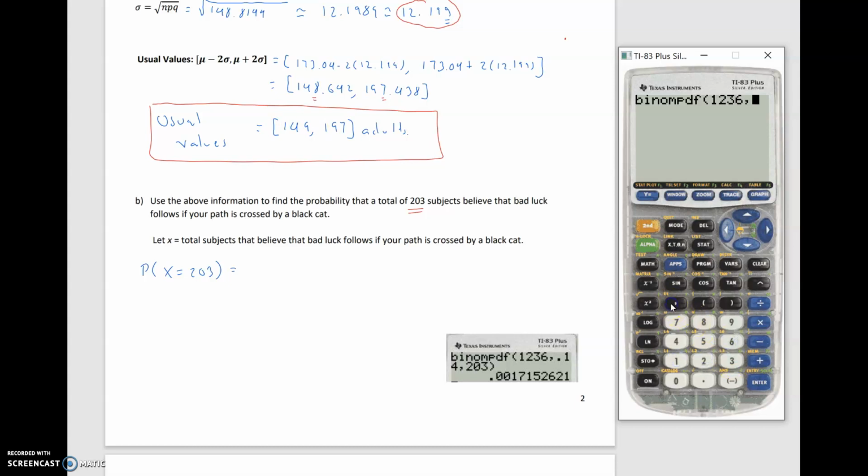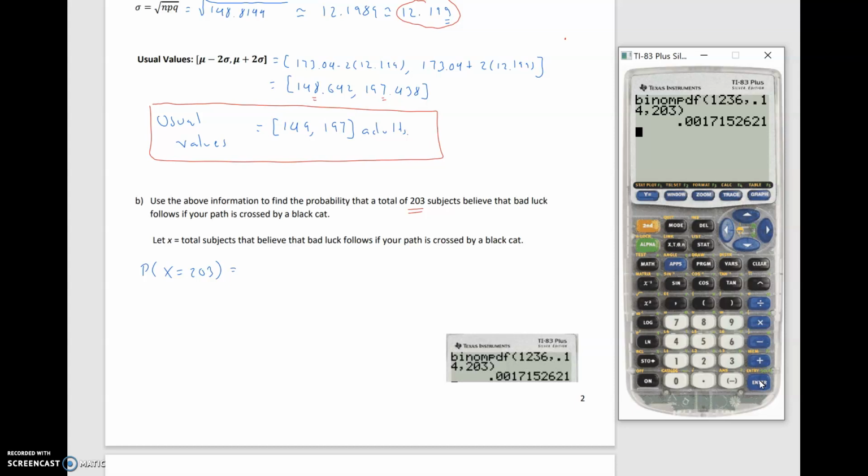And then in this model, you can put a comma, then the probability of a success, which for this problem is 0.14. And then how many? We would be using the 203 for this one. Please run it, and I'm getting about 0.0017.